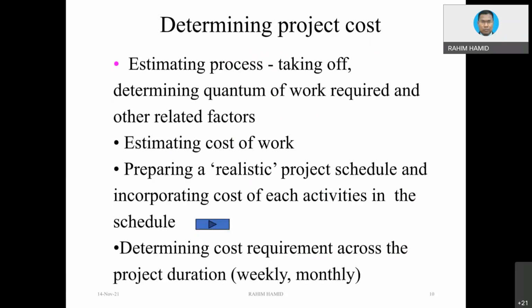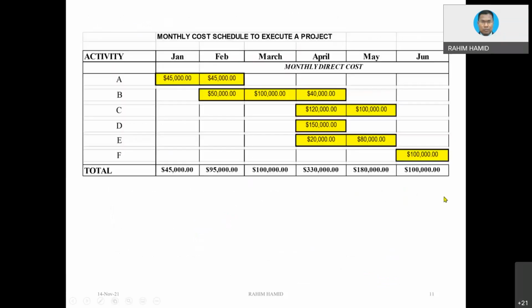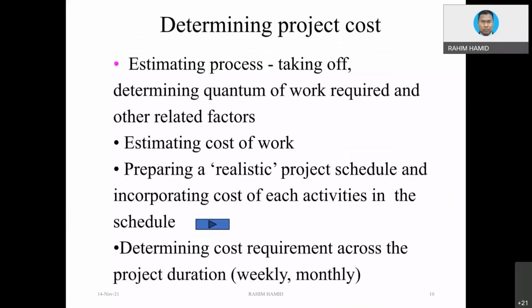So what is this? Determination of the project cost. How to determine project cost for a project? Normally, we will start with the quantity. Okay, so the taking off process.